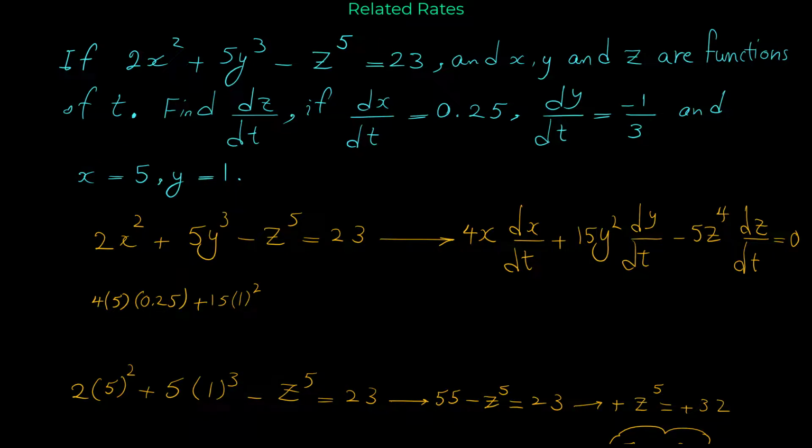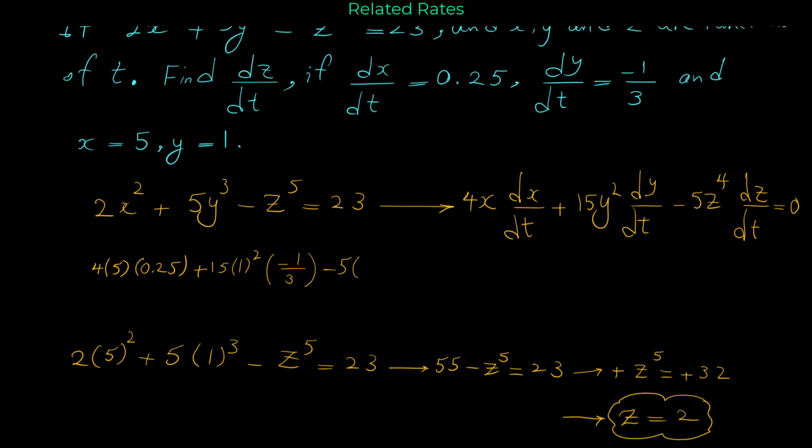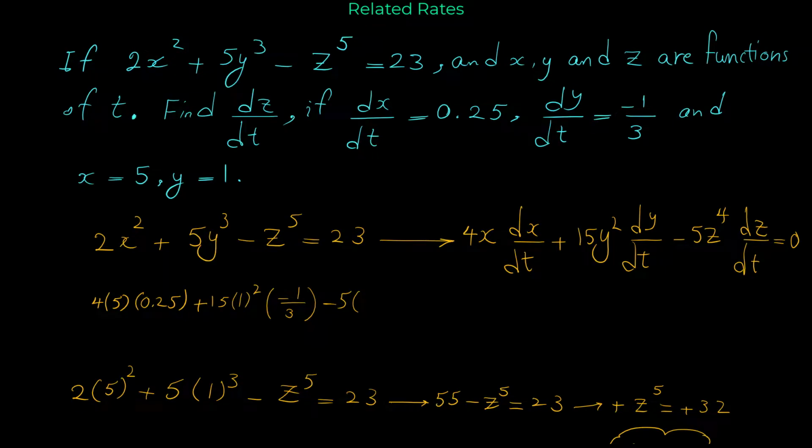Dy over dt is given as negative 1/3. Minus 5 times the value of z to the 4. Z is 2. So we have 2 to the 4 times dz over dt equals 0.